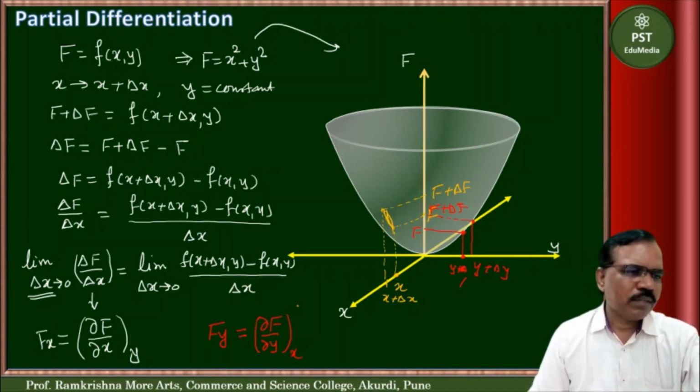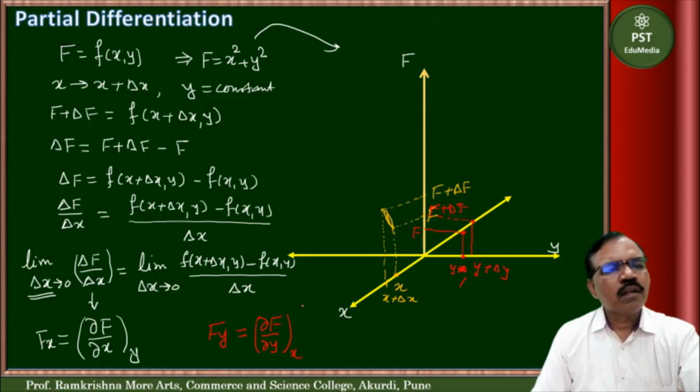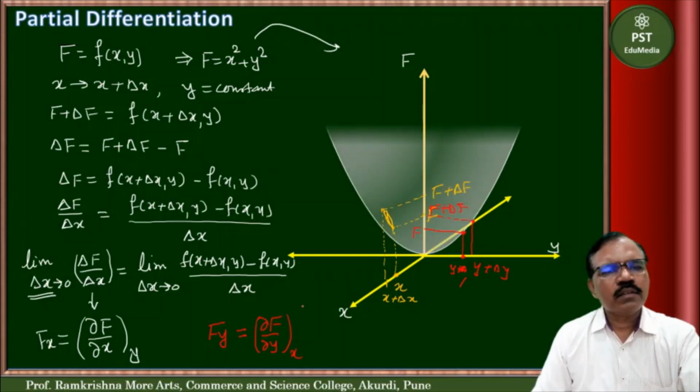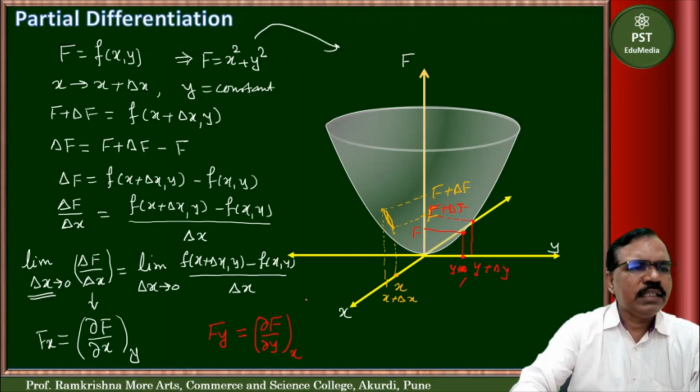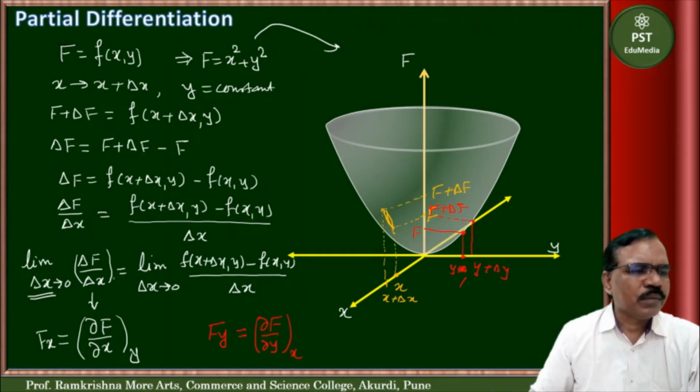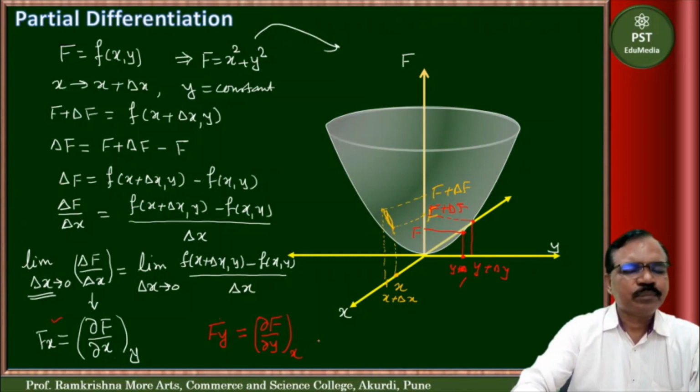Whatever change is due to one variable is called partial change. So we have seen partial derivative. Fx is equal to dabba f by dabba x when y is constant, and fy is dabba f by dabba y when x is constant.